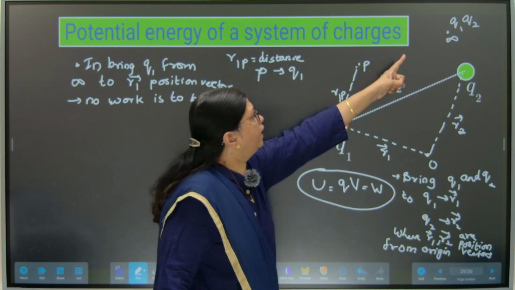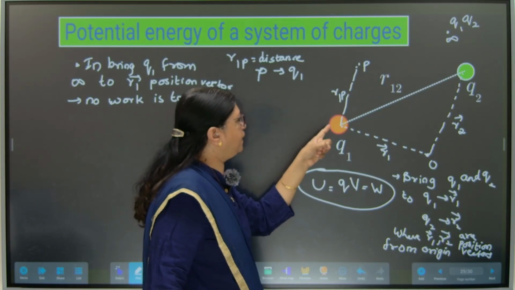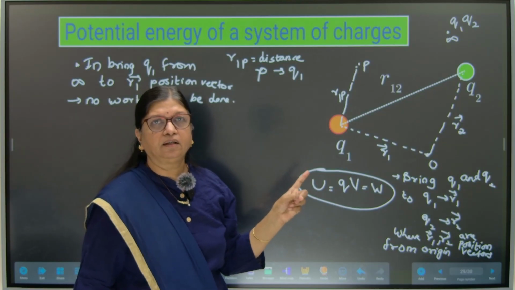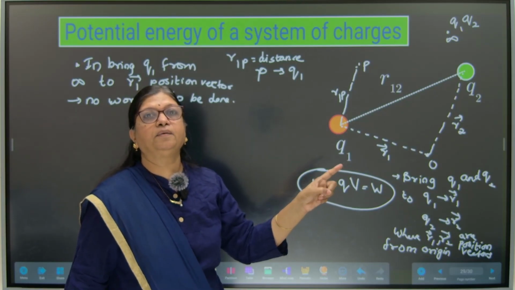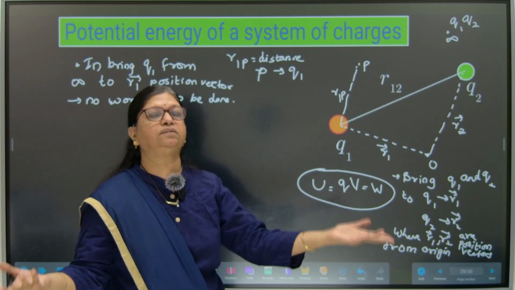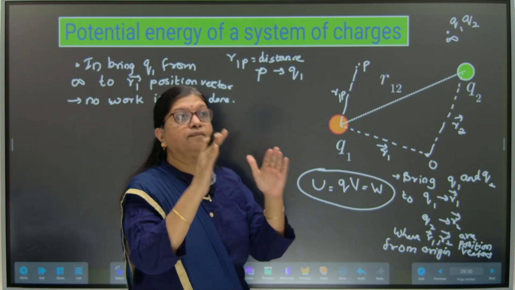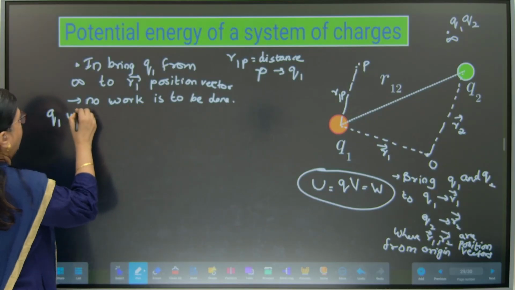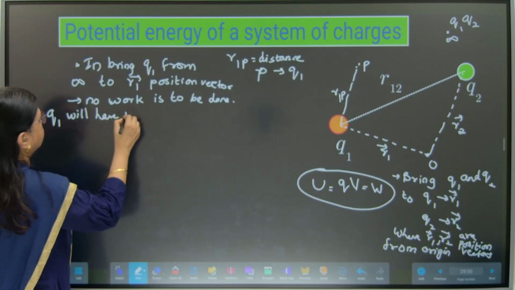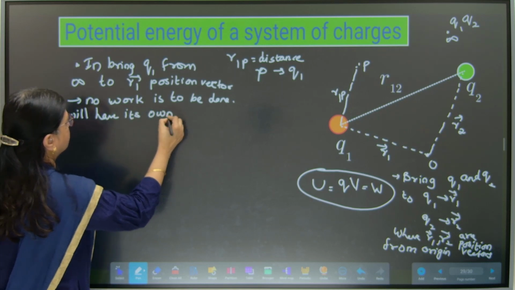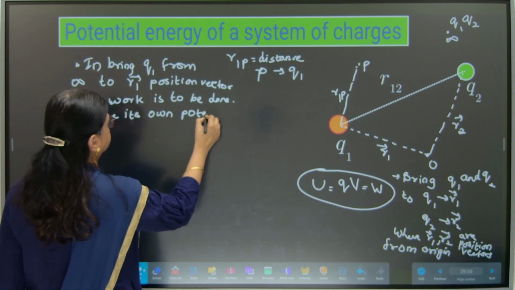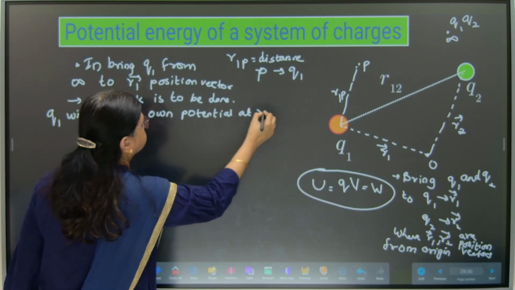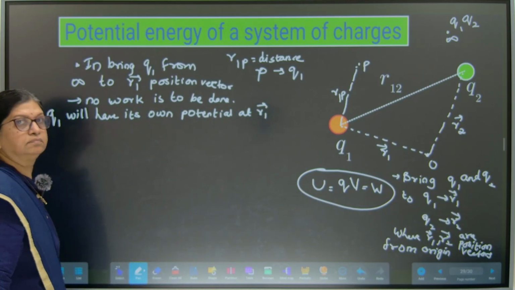When the charge Q1 came from infinity via P to its position, it will produce its own potential as usual. So Q1 will have its own potential at R1 from the origin.